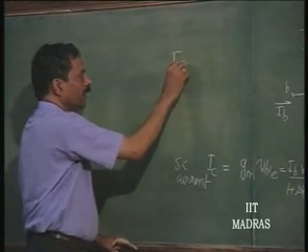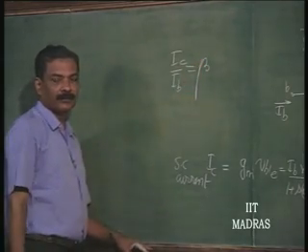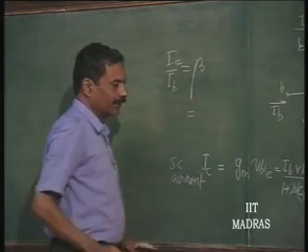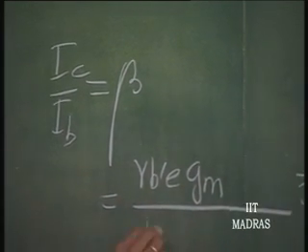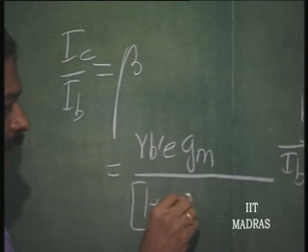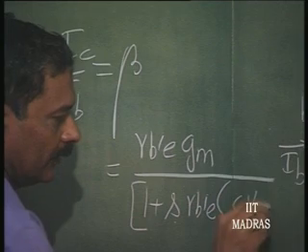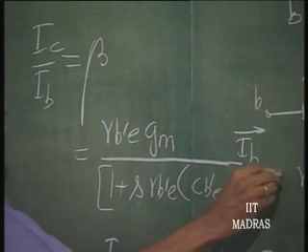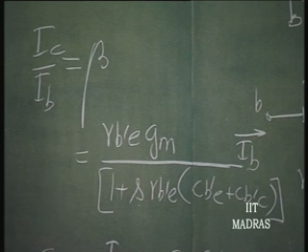So, IC by IB, which we will call beta, equals RB dash E GM divided by 1 plus S RB dash E into CB dash E plus CB dash C. Now, what is RB dash E? We will expand that.